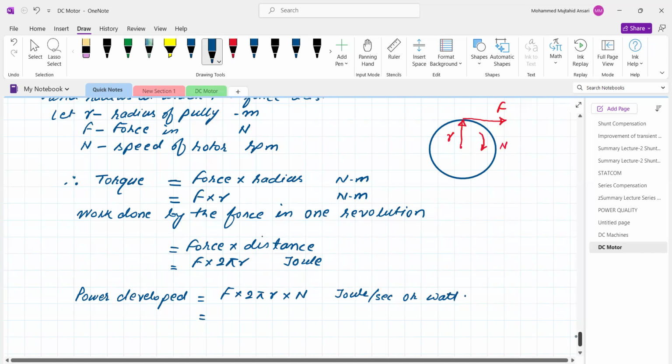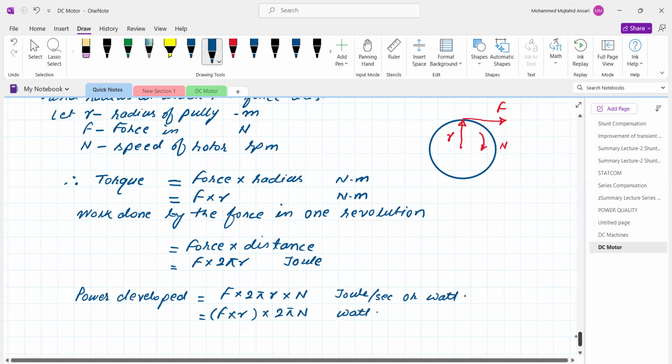So which is equal to force into radius multiplied by 2 pi N.